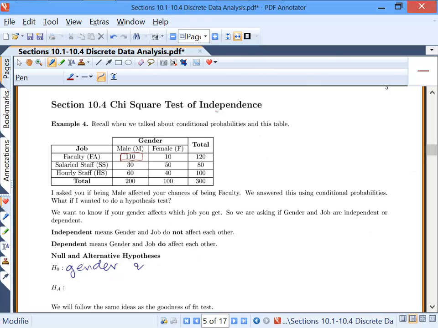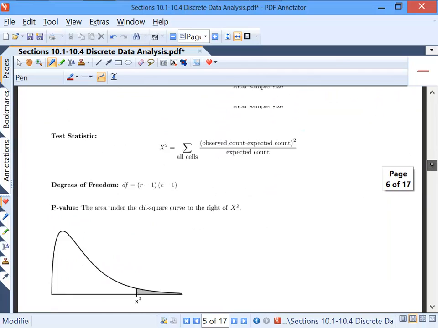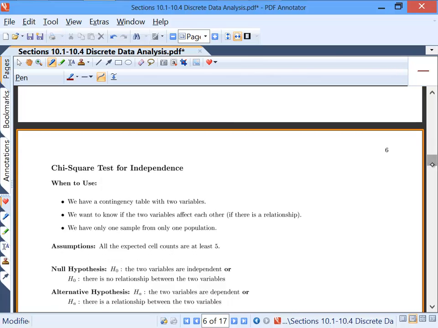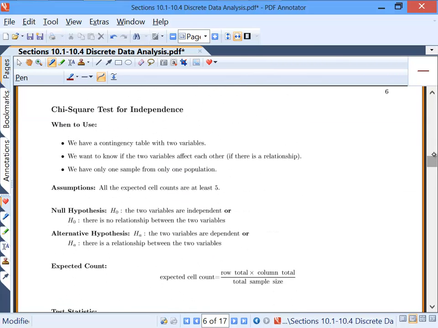Notice that the setup of the table by default looks different than when we wanted to do our chi-square test of goodness of fit. So we want to know if the two variables affect each other, okay, if there's a relationship, or if they're independent or dependent, and we only have one sample from one population.